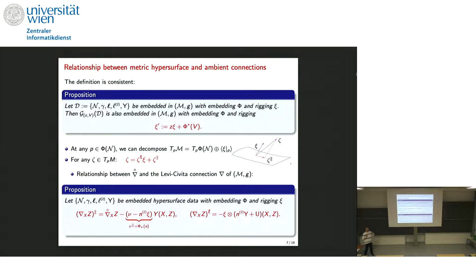The ambient space now has a metric, so it has a Levi-Civita connection. How does one connect these two things? Well, it's very simple. Since we have a rigging vector, this allows you to decompose any vector field along n into transverse components and tangential components. So any vector zeta along n will be decomposed into a scalar times the rigging vector and a tangential vector.